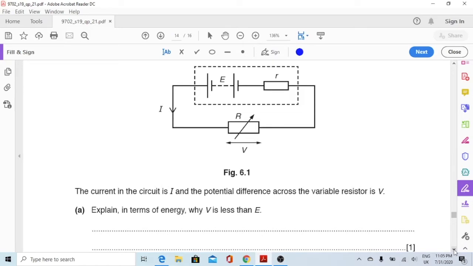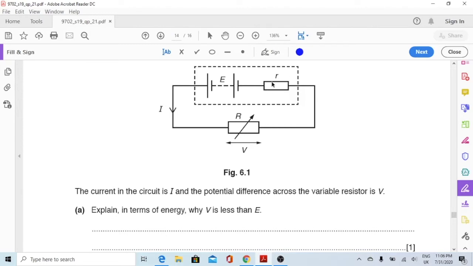Part A, explain in terms of energy why V is less than E. Of course, it is not possible that each volt produced by the EMF will be consumed by the variable resistor over here. It won't be able to do that because some of the volts might be lost in its own internal resistance.